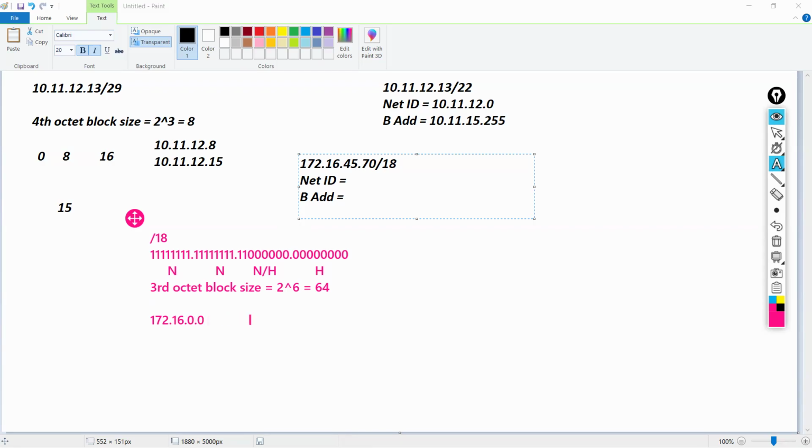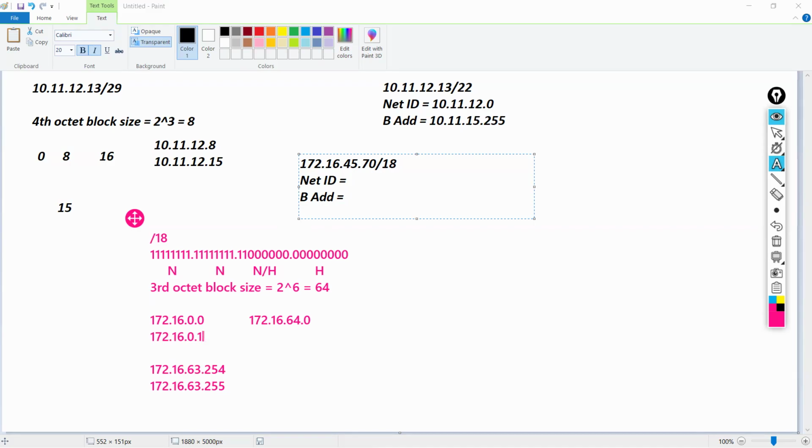Now in my interesting octet, I will keep on adding the block size. So the next block size is what? 64.0. So my third octet value is 45. It is already falling in the first range, right? So this will end at 63.255. And before this, I will have 254.